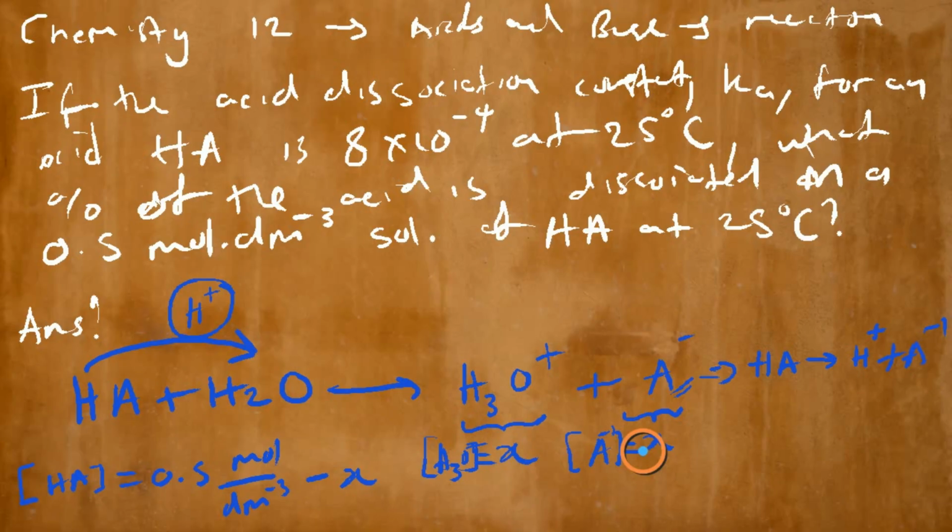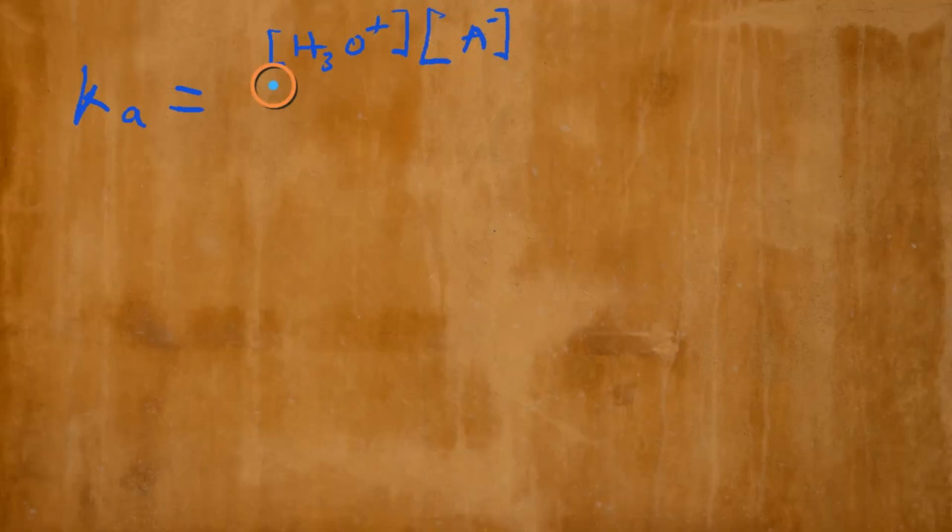This helps us because we have got the acid dissociation constant, and it is given in an equation. Ka is equal to the concentration of H3O plus and the concentration of A negative, and all that is then divided by what we had initially on the reactant side.